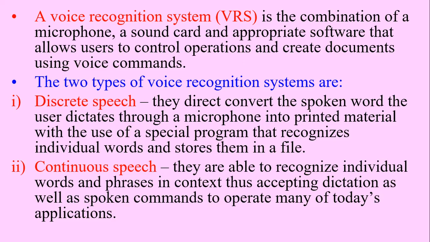These are the devices that directly convert the spoken word that the user dictates through a microphone into printed material with the use of a special program that recognizes individual words and stores them in a file. Number 2, continuous speech. They are able to recognize words and phrases in context, thus accepting dictation as well as spoken commands to operate many of today's applications.